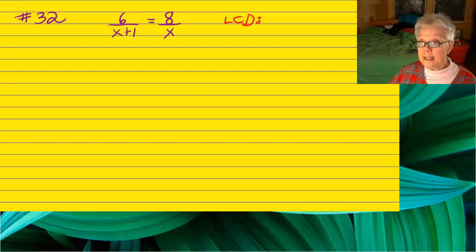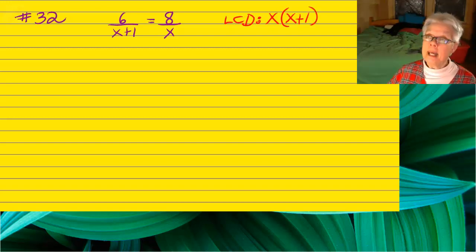We'll need an x and an x plus 1. The x and the x plus 1 cannot be used to cancel out an x by itself. That x is connected to the plus 1.